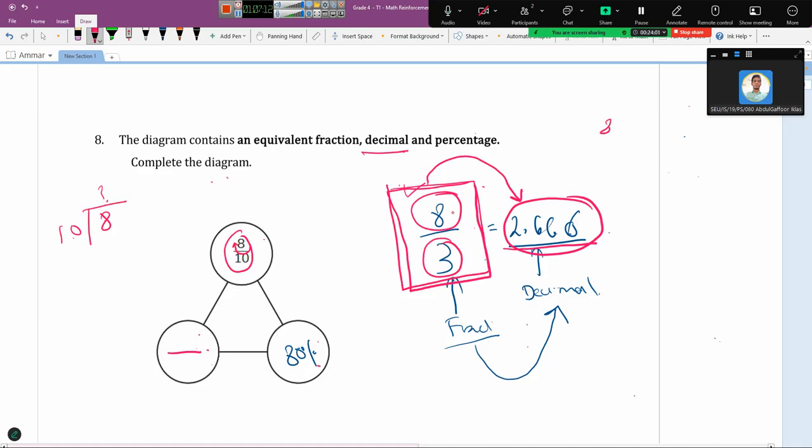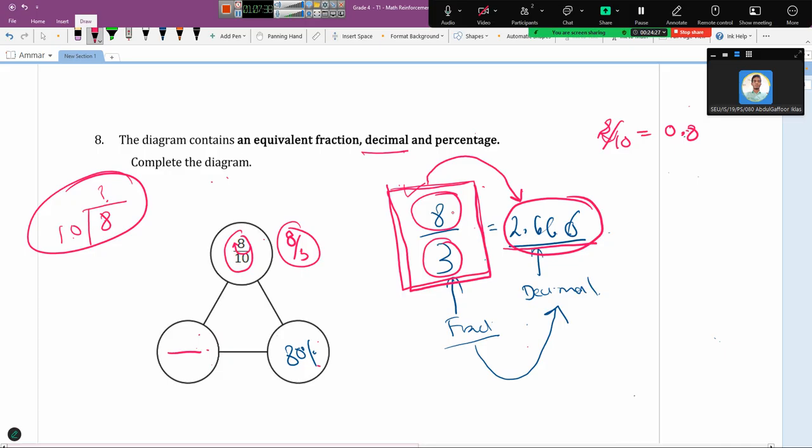So 8 divided by 10 is equal to nothing but 0.8. Actually, you don't need to follow the long method. Suppose if it was 8 divided by 3, then you can follow that method. But here, this is very simple. You just move the decimal one digit before if you want to divide a number by 10. Can you understand that?